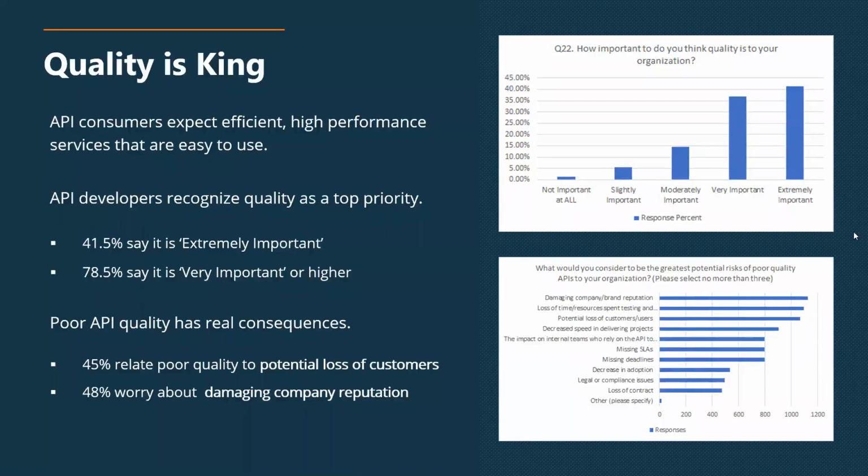So we can see here some figures. Within this report, API developers recognized that quality was a top priority. We can see 41% say that was extremely important, while 78.5% were saying that was very important or higher.